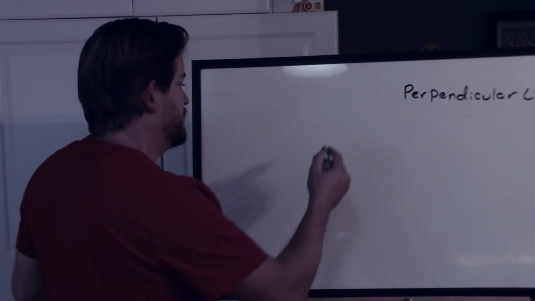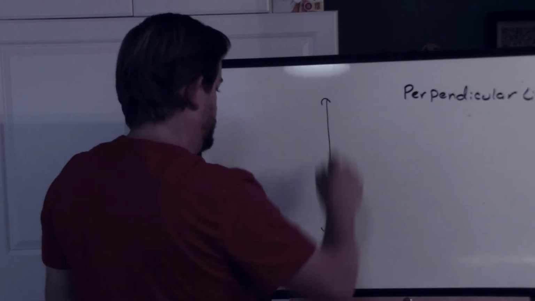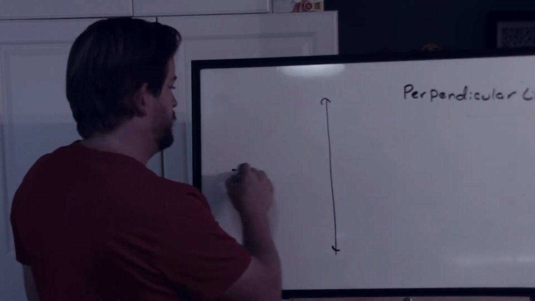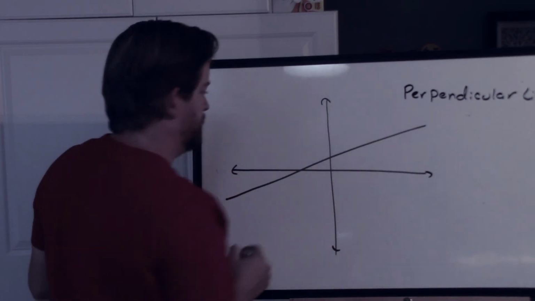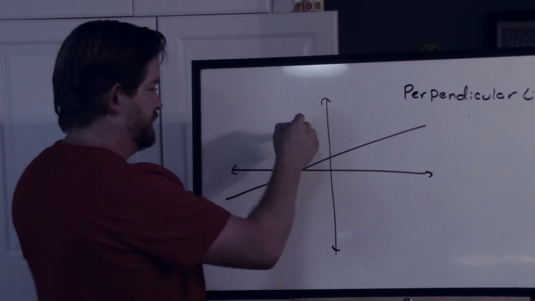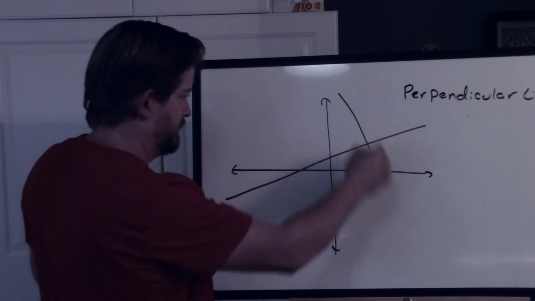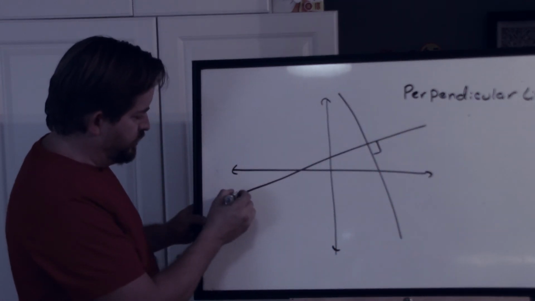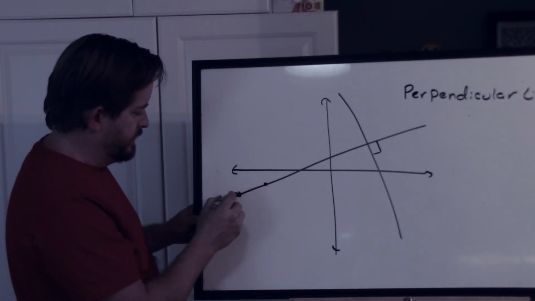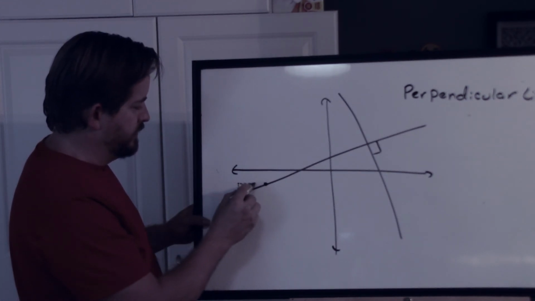Alright, so let's say line 1 is fairly shallow. Then to be perpendicular, where should I draw this? There's my right angle. So if I have 2 points on this line, I just have to go up a teeny bit and over, right?